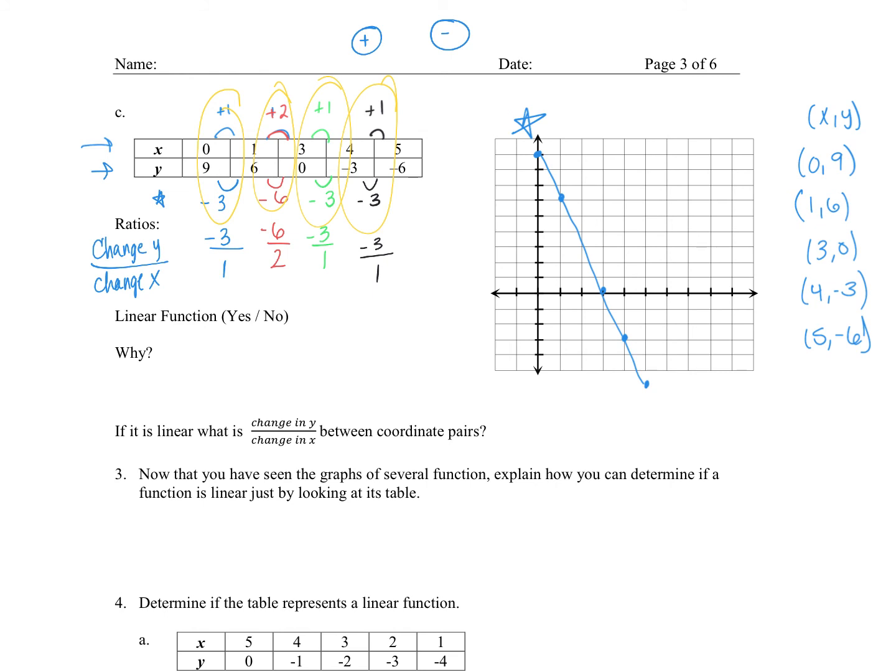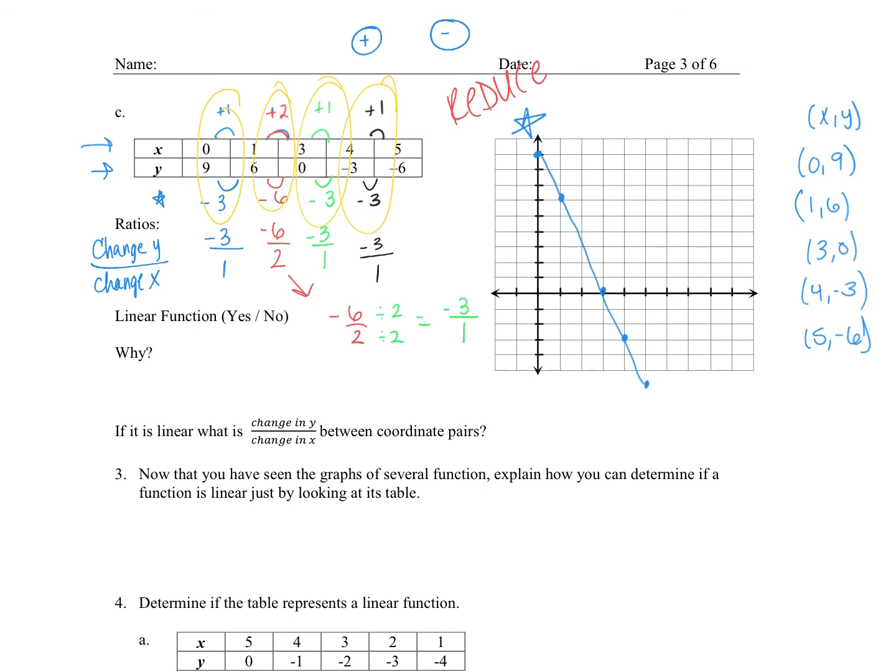But this is super important, because when we complete these ratios, you can always reduce if you need to, okay? If I look at -6 over 2, this can be reduced. If I divide both of these by 2, I will get a -3 over 1.